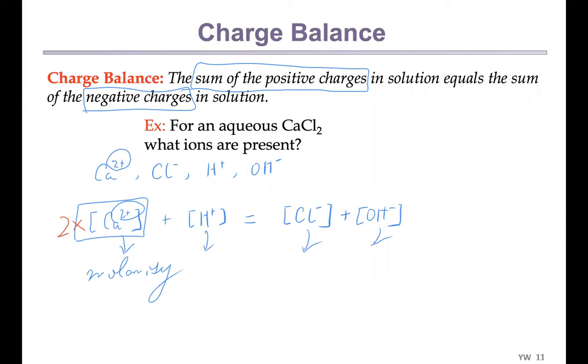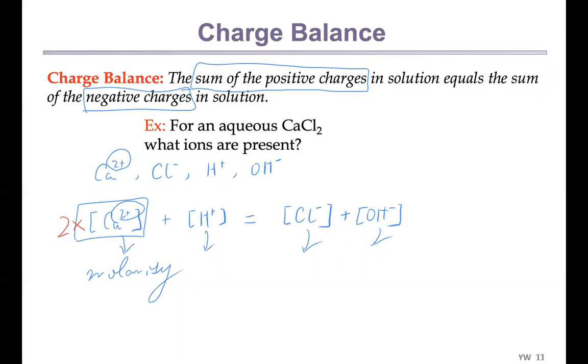I think someone said it doesn't make sense. Can you let me know which part is unclear? So does that make sense when I say that when you're counting the total charges, you're not counting the actual number of ions, you're calculating the charges on the ions?